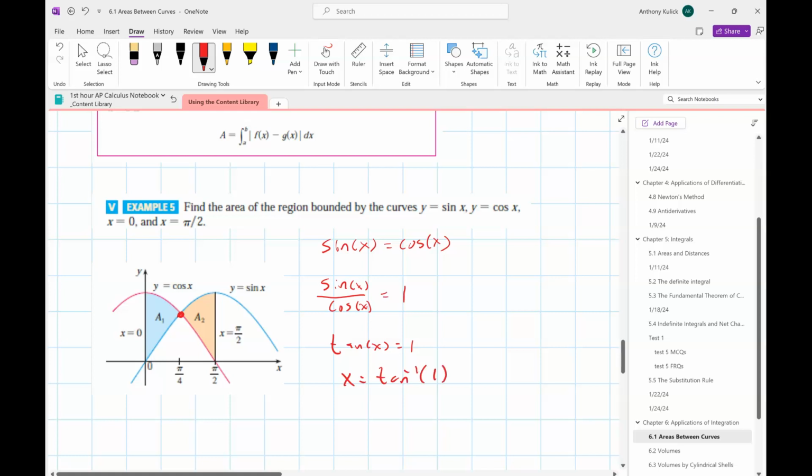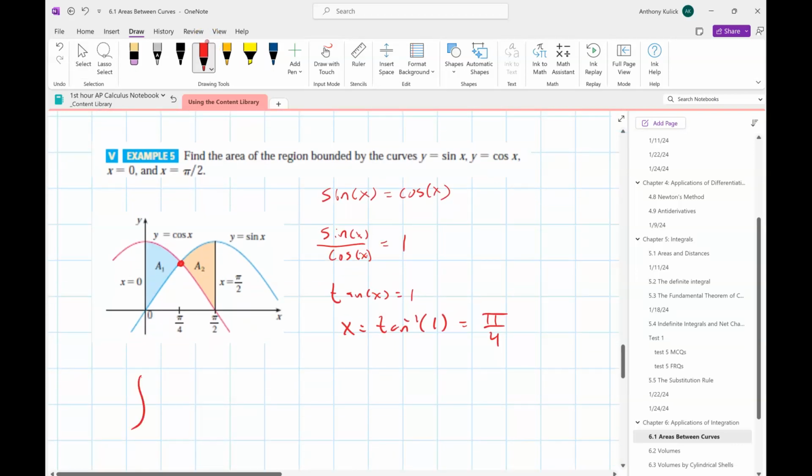So you're doing tan inverse of 1, which is pi over 4. It is worth checking to make sure that's not an extraneous solution, but clearly cosine of pi over 4 isn't 0. All right.